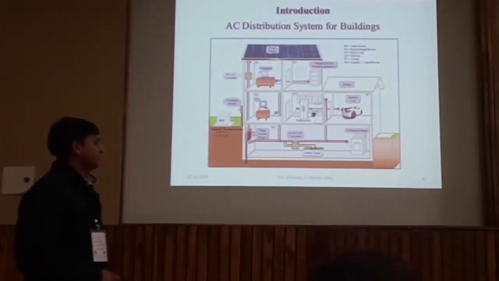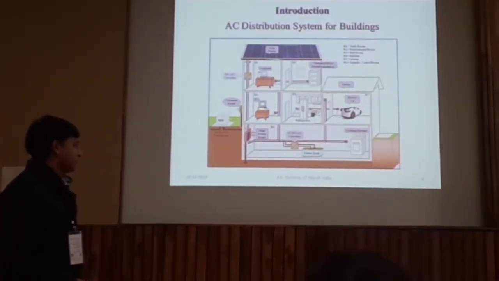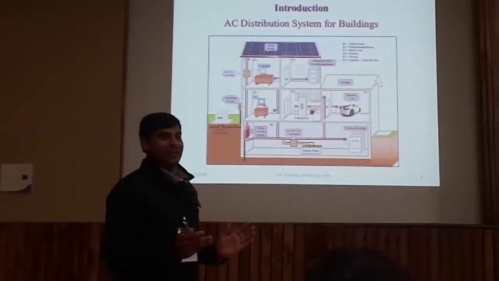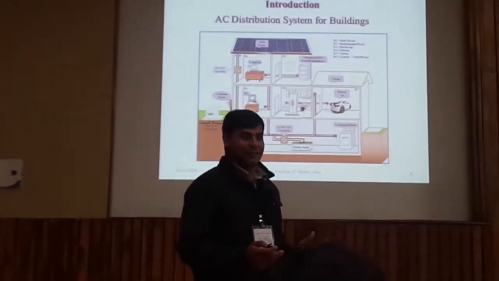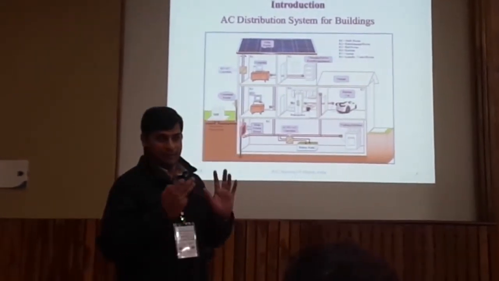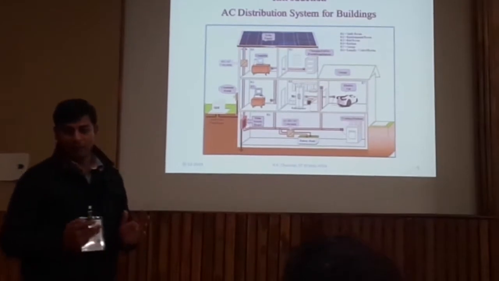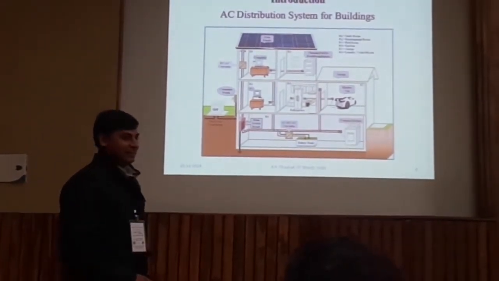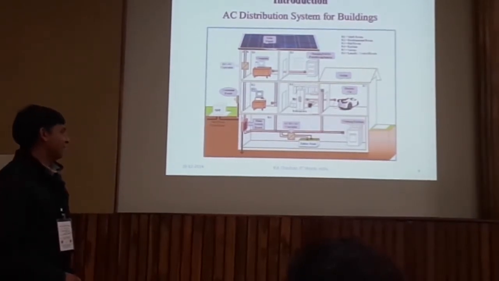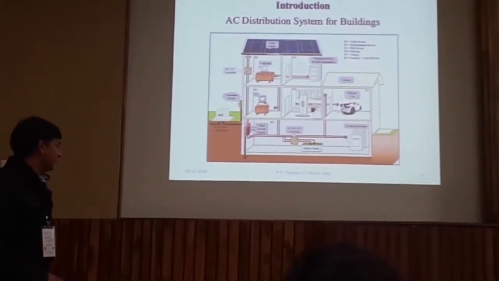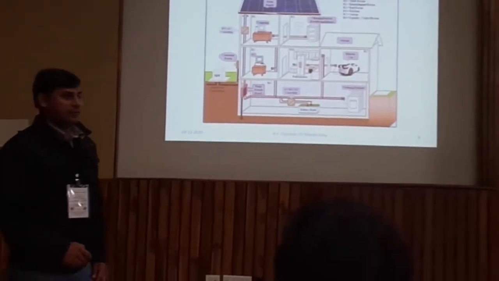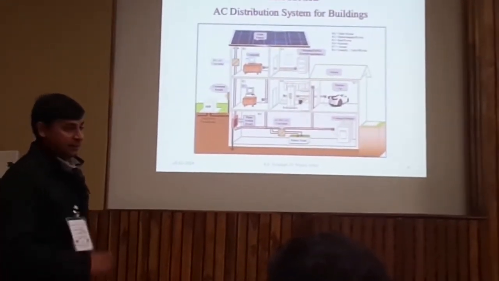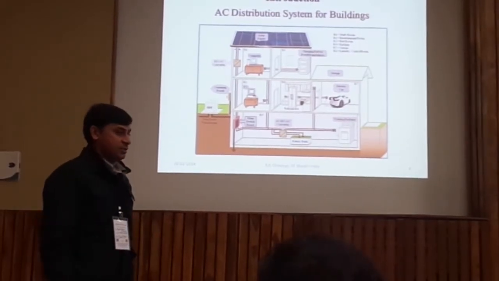So again there is a converter to charge our battery bank. In the Indian scenario we don't have a 24-hour power supply, so if a customer wants a 24-hour power supply, he has to use an inverter at his home itself. Then the power losses are here. So there are a lot of converters and inverters included with the present AC distribution systems.